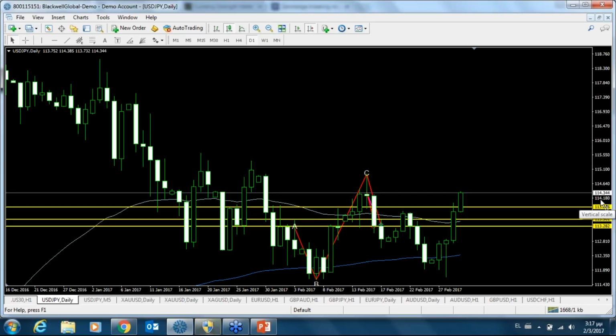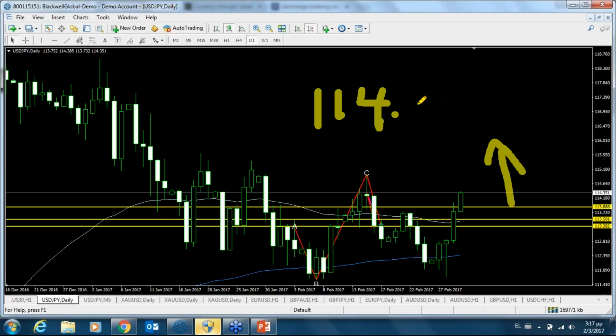Now the last 2 digits, 0.33, have gone above the 20 psychological number, which is really good. It's giving you the ability to understand that it has gone into bullish territory past the psychological number. But the one that you need to look at in terms of price action is the next psychological number upwards, which is 114.50.